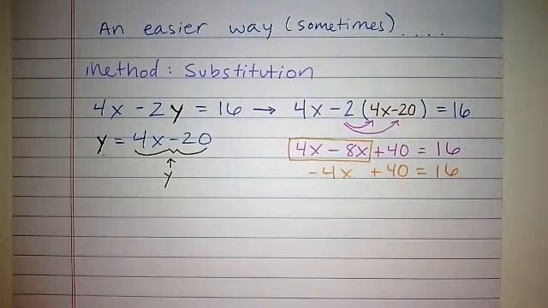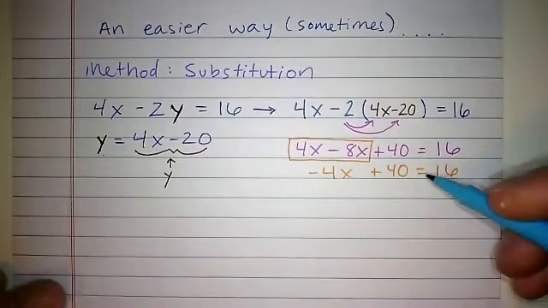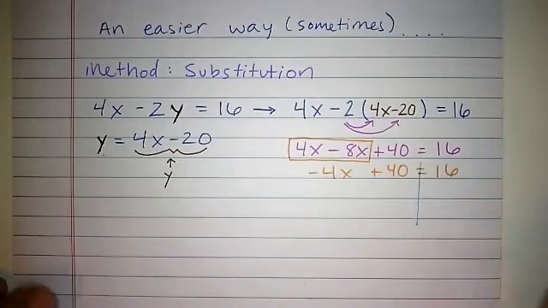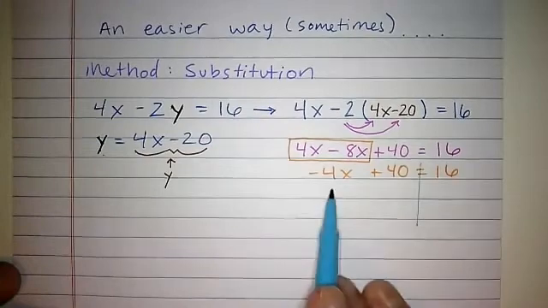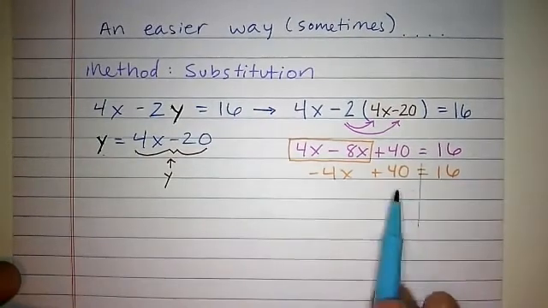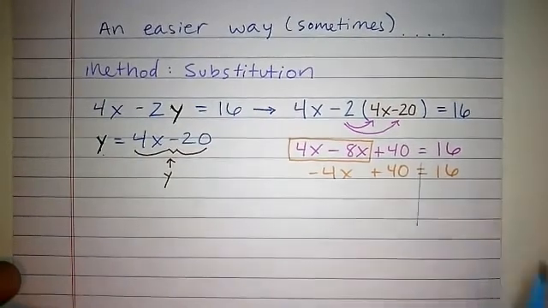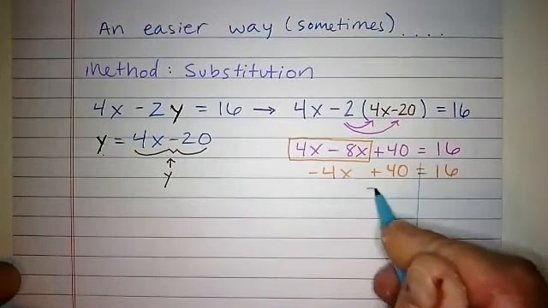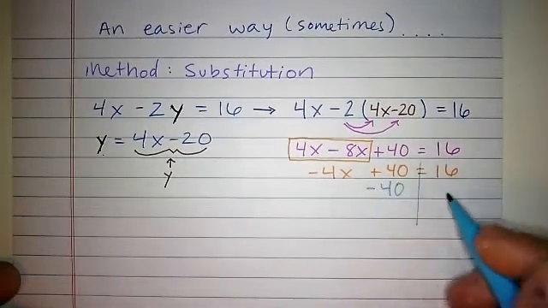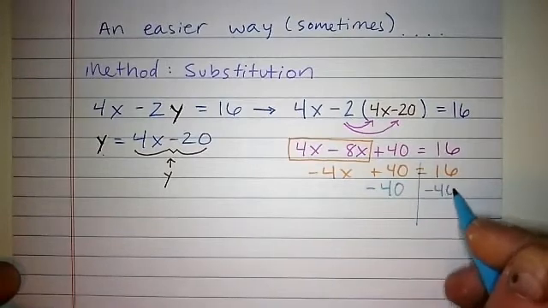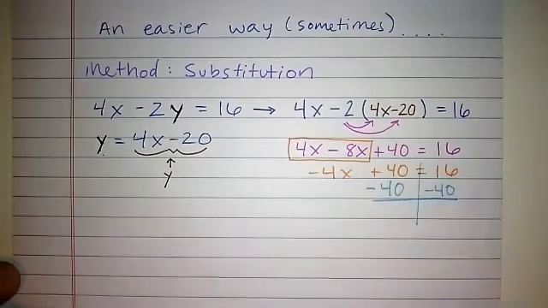All right, so I've got to keep solving. My equal sign is my barrier, and I've got x on the left side, and the number without the x on the right. So let's move that 40. Let's take it away from the left side and the right side to get something we're familiar with.